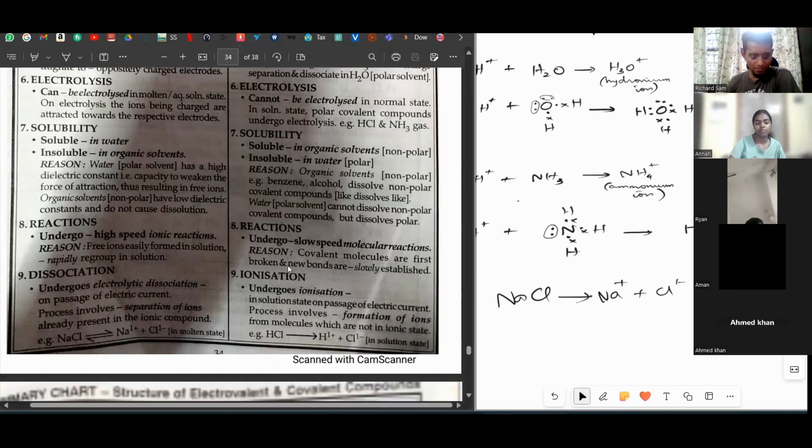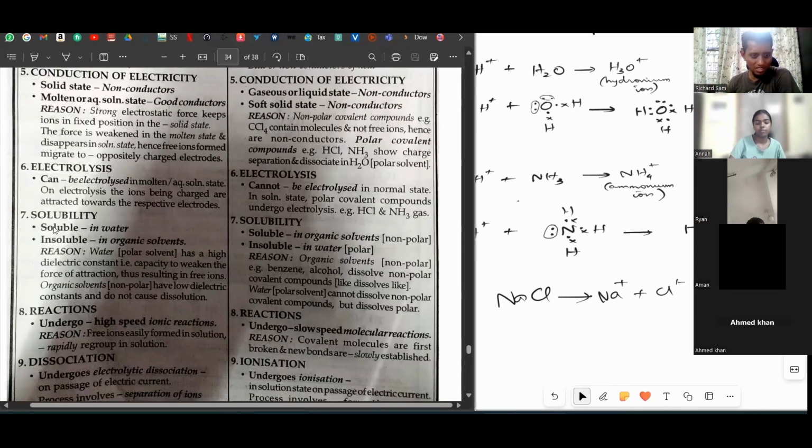There are a few more things over here. Electrolysis. There's a chapter called electrolysis in chemistry, in which you learn about electrolysis. But electrolysis means just passing electricity through that substance. Ionic compounds can be electrolyzed in the molten or aqueous state. Covalent compounds cannot be electrolyzed.